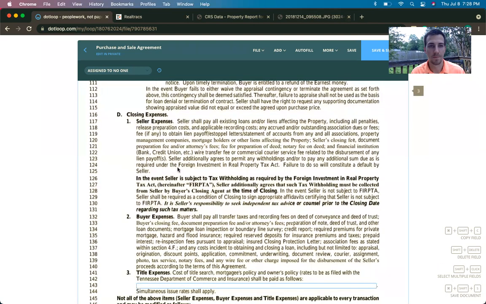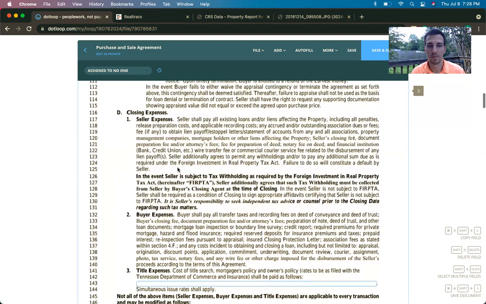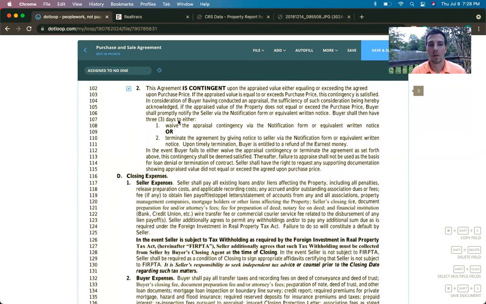Let's see. Okay, important deadlines too with this contract. So let's say the home does not appraise. The buyer notifies the seller, hey, the home has not appraised. You have 3 days to let them know, hey, option 1 or option 2.